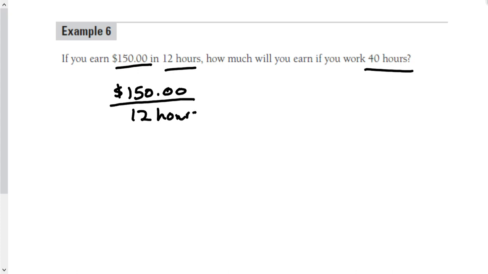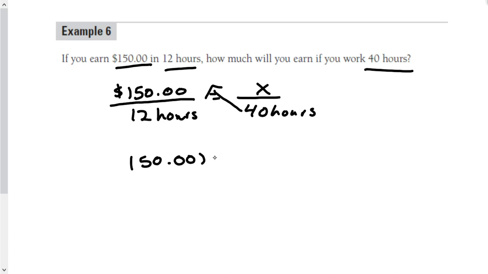12 hours is equal to, I've worked 40 hours. I need to know how much money I'm going to make. So we are going to cross multiply like this. And this one's not going to move because we're going to end up dividing by it anyway. The only unit that stays here is this because the hours and hours cross out.